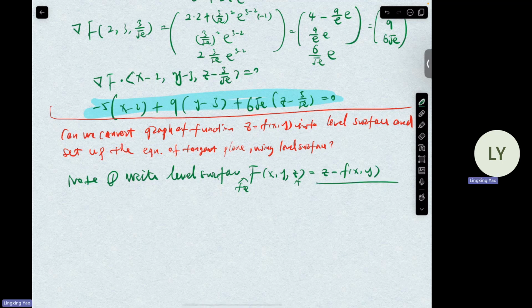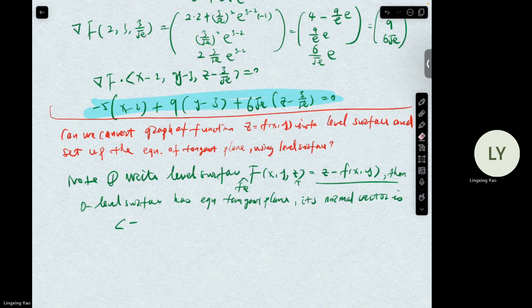Then the zero level surface as equation of tangent plane and its normal vector is then, I think it is negative, because the normal vector n is obtained by the gradient vector for capital F, right?